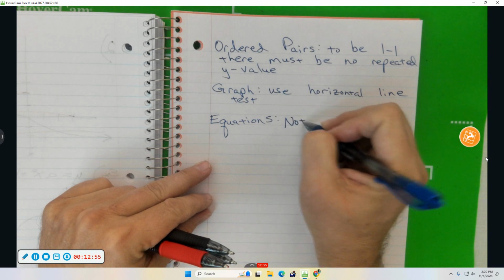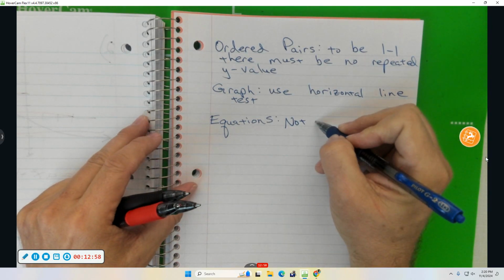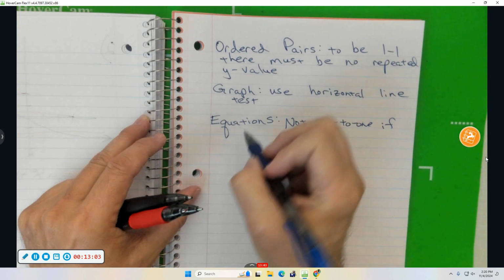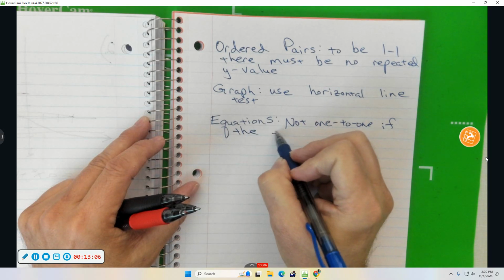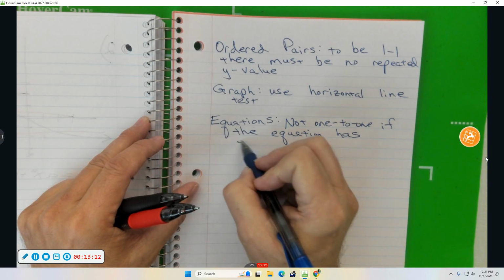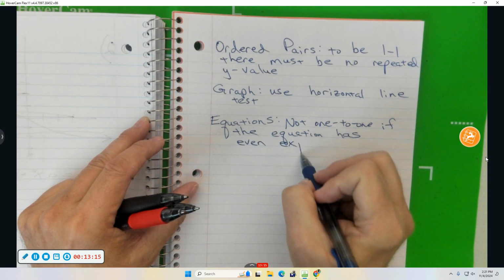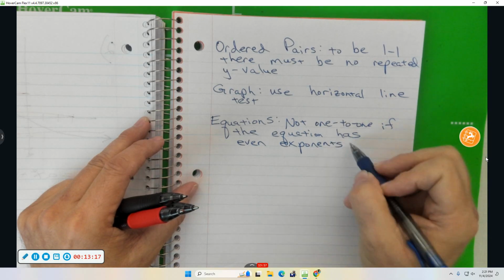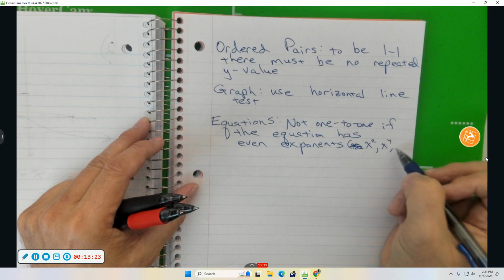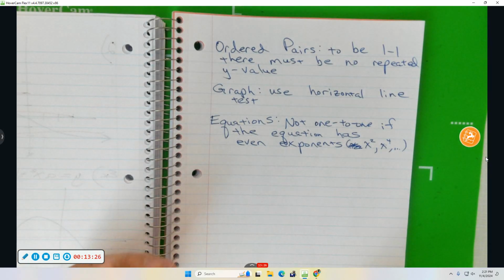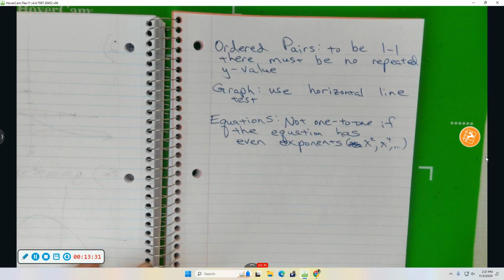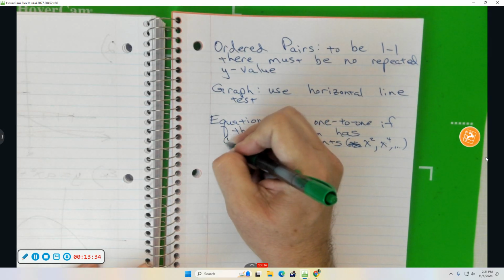Well, it's probably not one-to-one if the equation has even exponents, like x squared or x to the fourth. I can think of two major things that would make a function not be one-to-one. Even exponents is one of them.